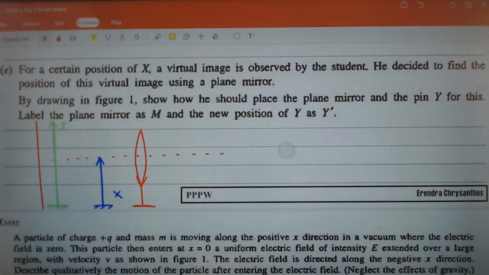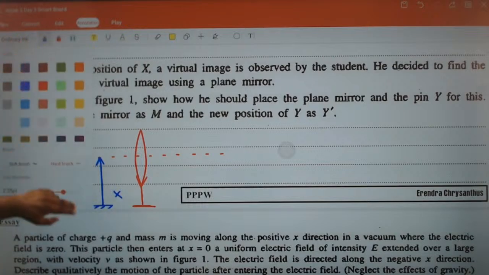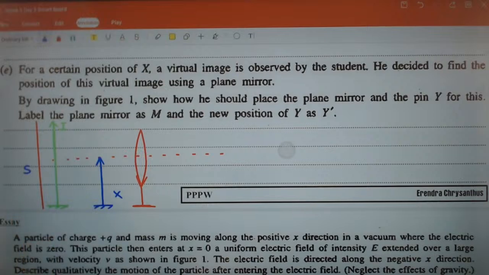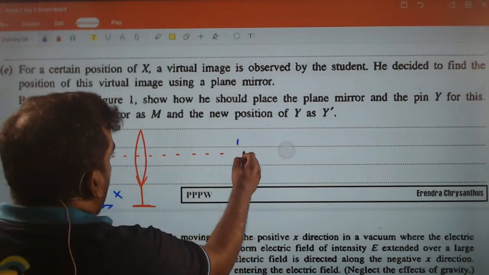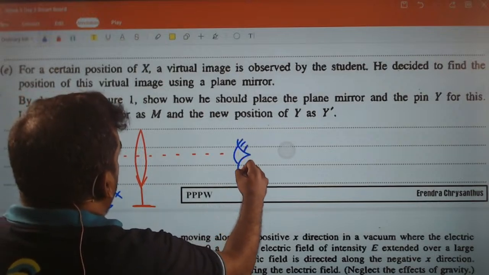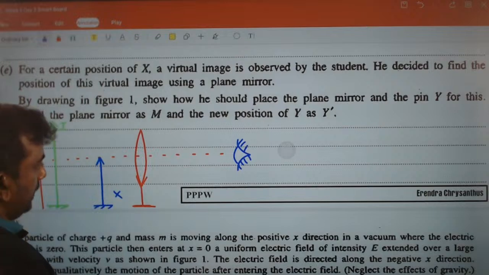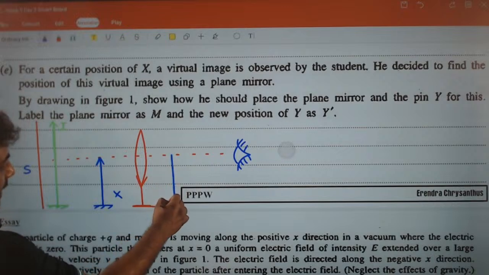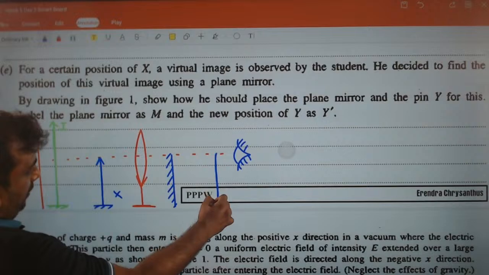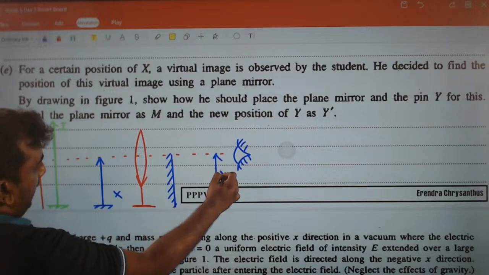Screen S. Now when you place your eye here, we have a problem. Image is seen on top. So what you do, you can place a plane mirror here and another object pin there, Y dash.